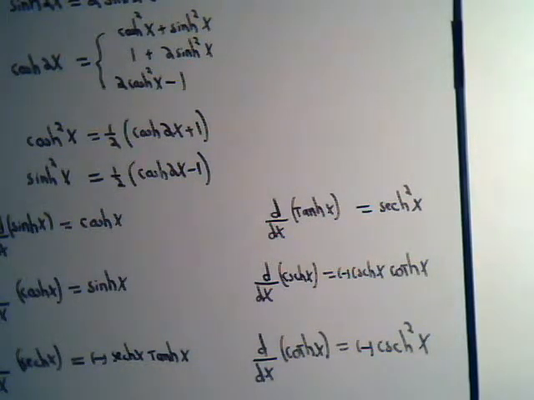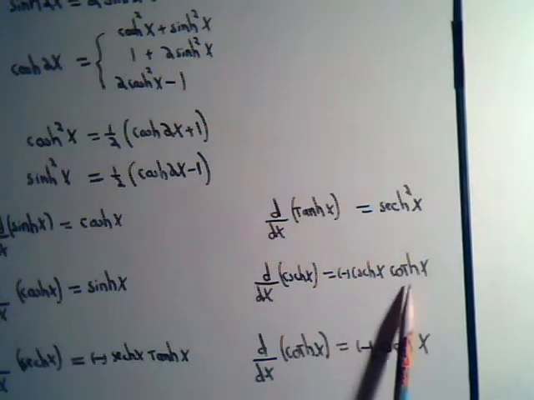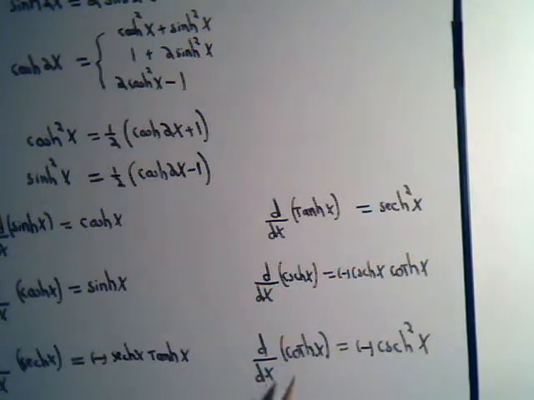And then finally we have the derivative of the hyperbolic cosecant of x is minus the hyperbolic cosecant times the hyperbolic cotangent. And finally, the derivative of the hyperbolic cotangent is minus the hyperbolic cosecant squared of x.